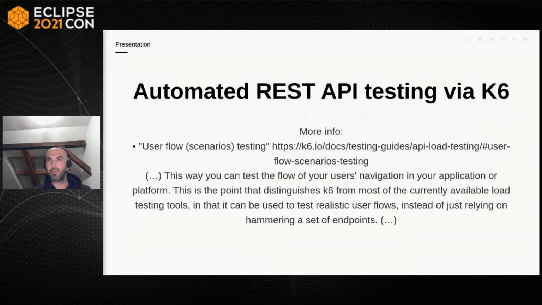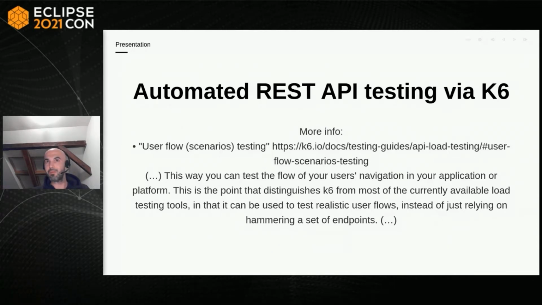One of the biggest, strongest value propositions of K6 is that you can generate user flow tests, which allow you to test the actual navigation in your application. And this is as it's quoted from the K6 documentation itself.